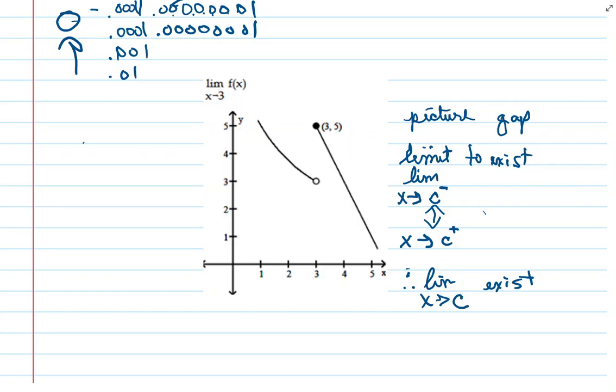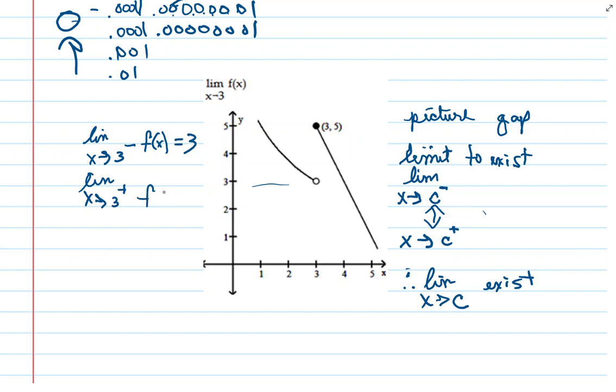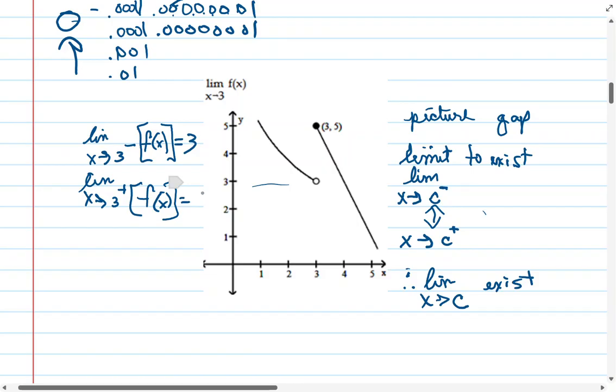If I write this, the limit as x approaches 3 from the left, we're getting 3. And if we take that limit as x approaches 3 from the right for that function, we get 5.